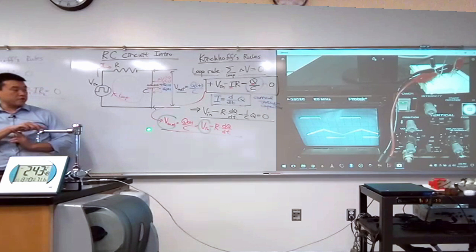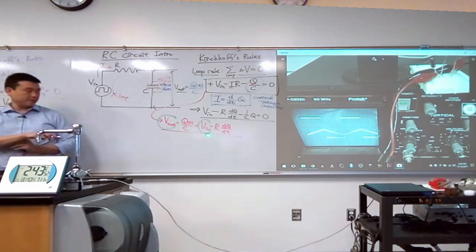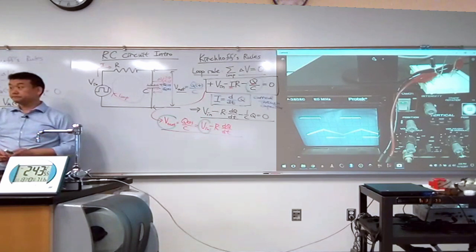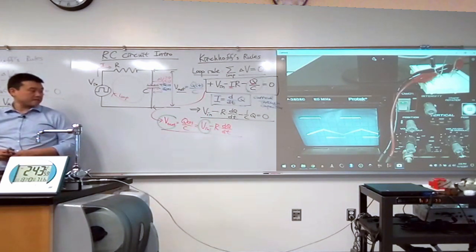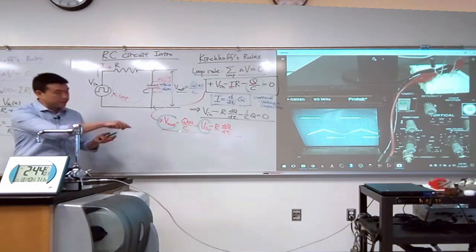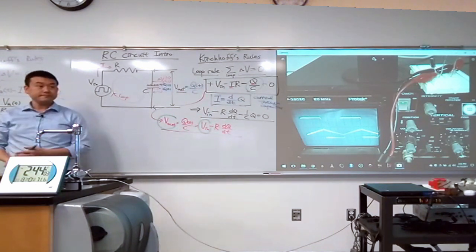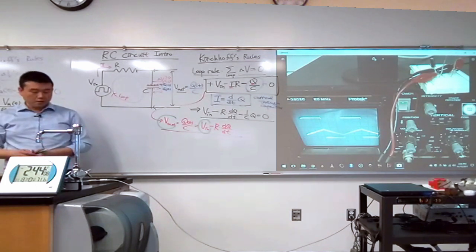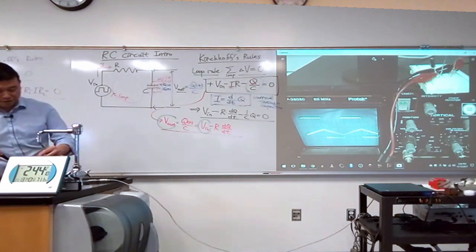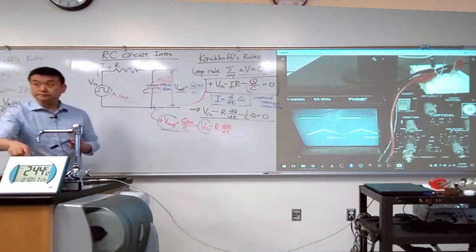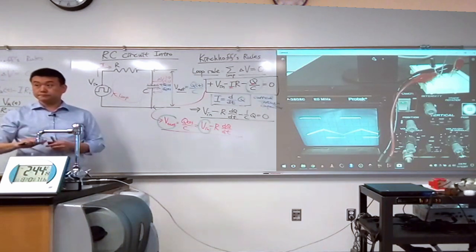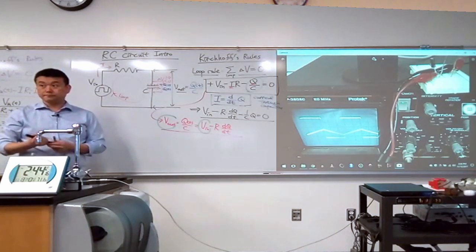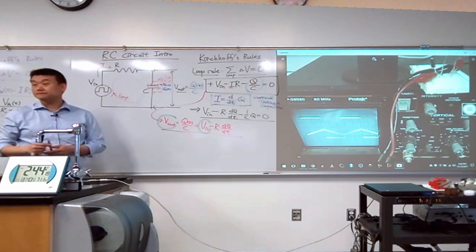What do you see in the equation that causes my output voltage to be not at all similar to my input voltage? Not quite capacitance, because capacitance is buried here. So it's not the capacitance. Resistance is one. One more thing that we can blame that's easier to change. Where do you find the resistance?